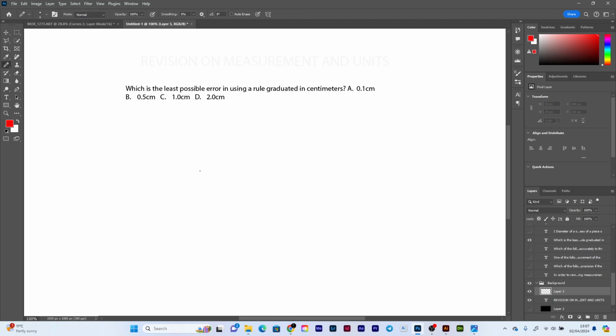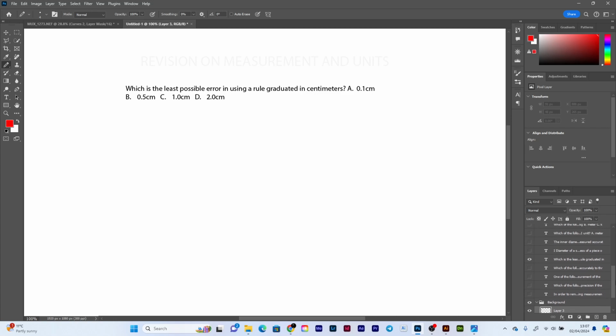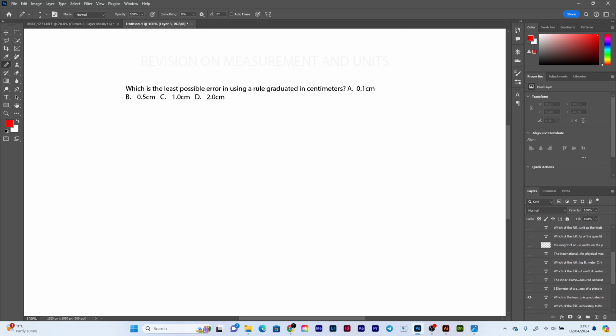And the next question states: which is the least possible error in using a rule graduated in centimeter? Okay, so this is quite tricky. Why is it tricky? Because most times you might not understand what they mean by a rule graduated in centimeter.